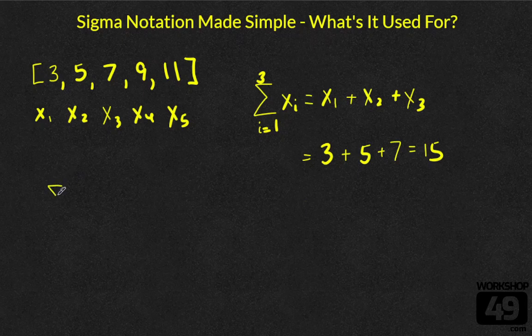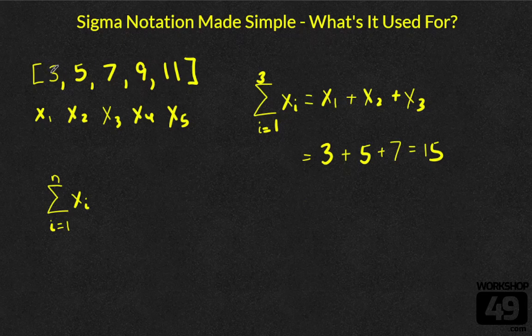Another fancy thing we can do with sigma is we can begin i as 1, and on top we put an n. It's not even a number this time, it's a letter. If you ever see sigma beginning at i equals 1 and going to n, that just means go until the end of a list.